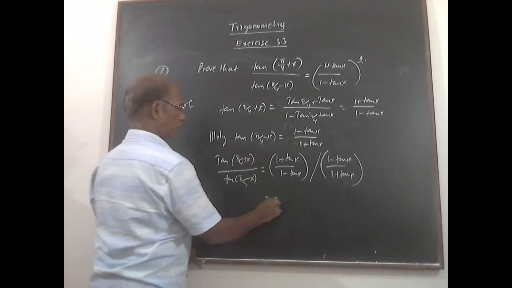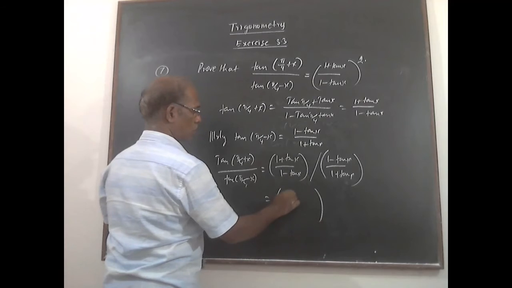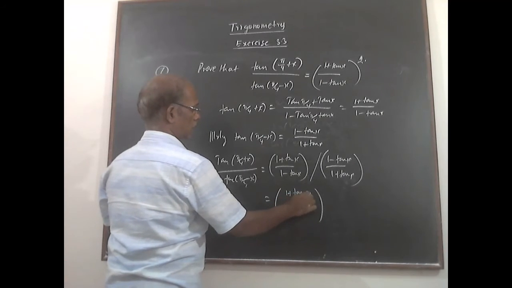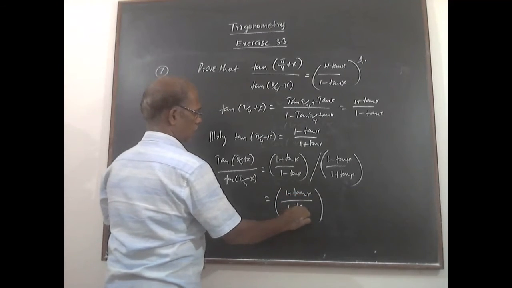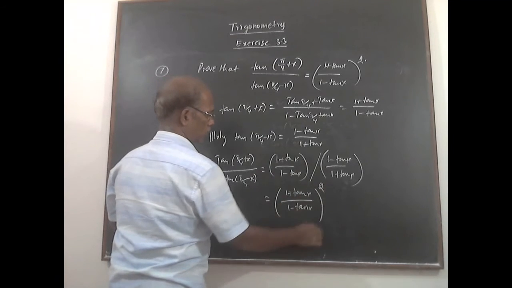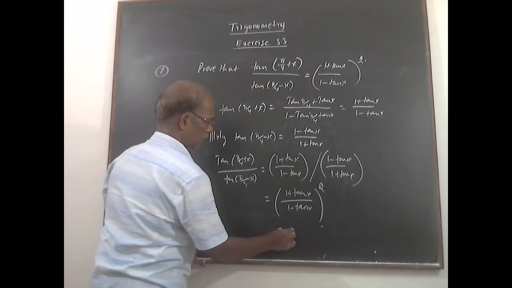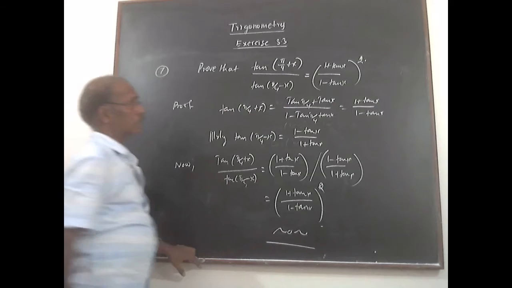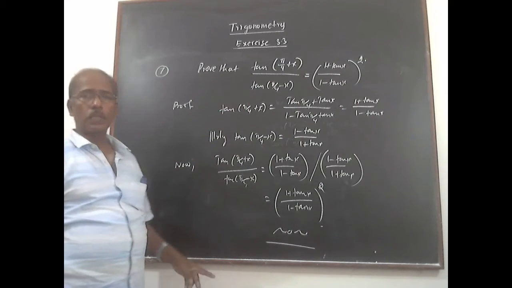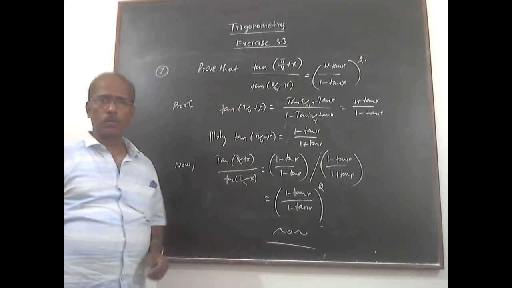On simplification, it is 1 plus tan x by 1 minus tan x the whole square. Okay, this is the final result. See the proof and go through it. We'll go to the next question.